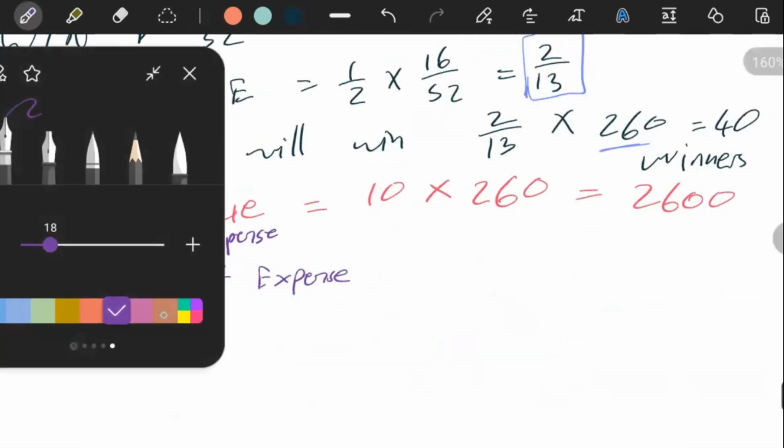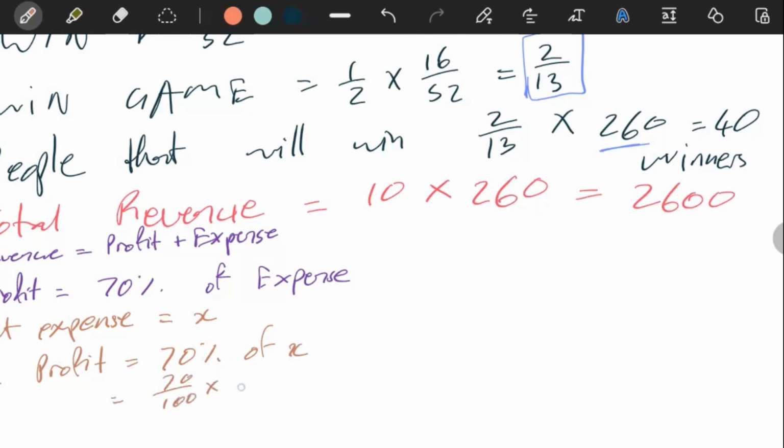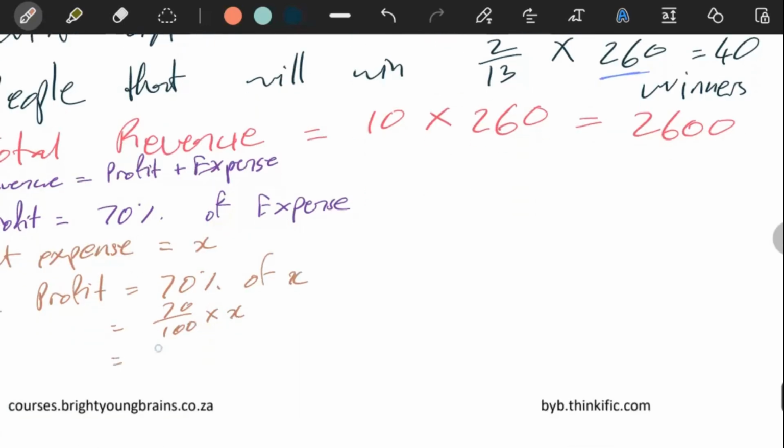So we can say, let expense equal X. It means that your profit will be equal to 70% of X, which is 70 over 100 times X, which is 70X over 100.